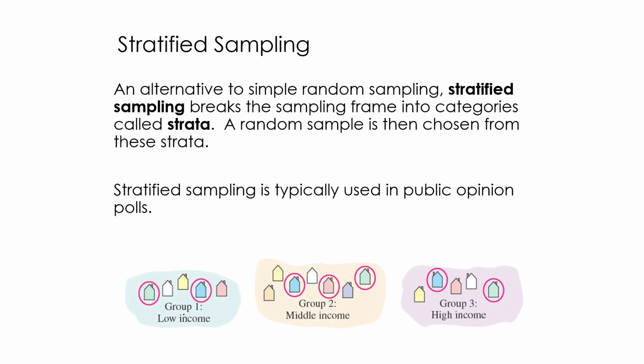So not a fixed number from each one. So here in this picture, we have a low income group, a middle income group, and a high income group. And we're going to take two of the low income group, three of the middle income group, and two of the high income group, and get our data from there.